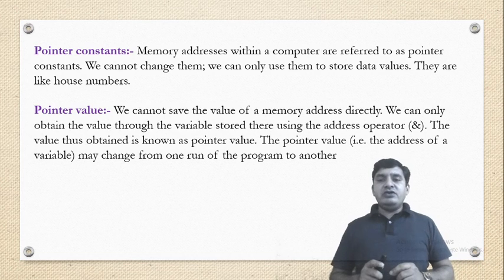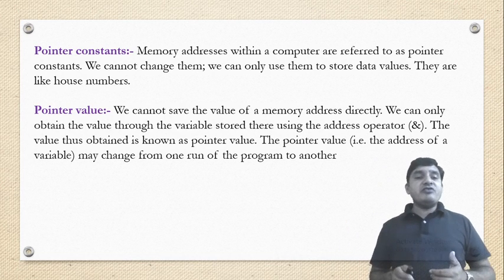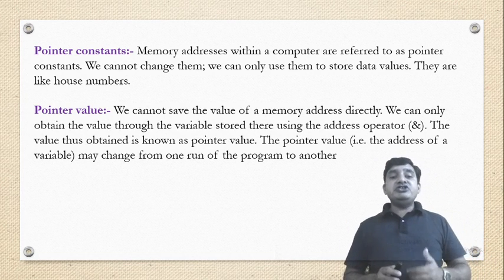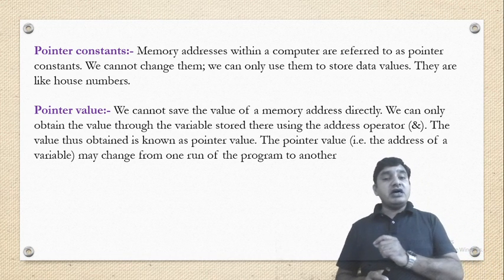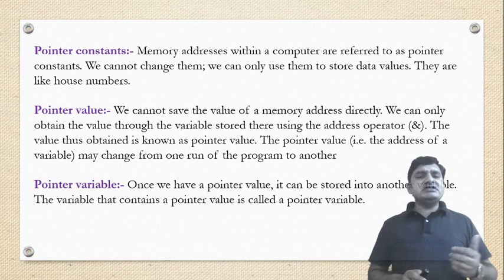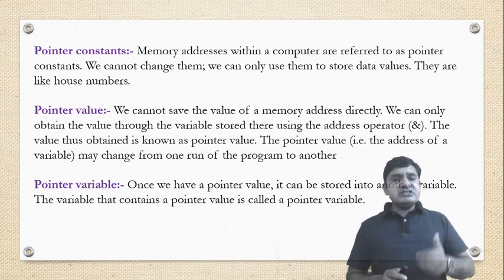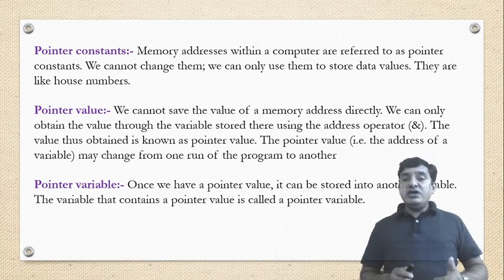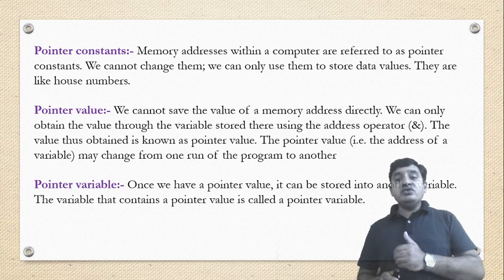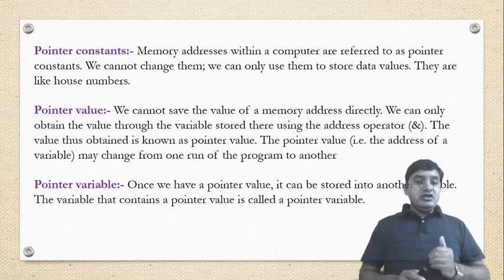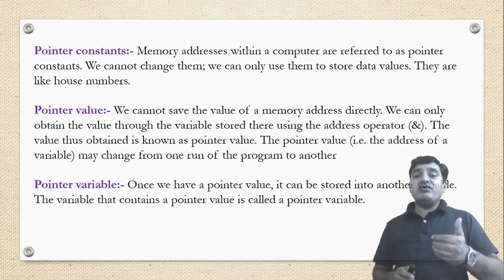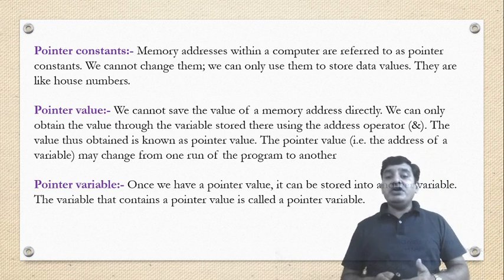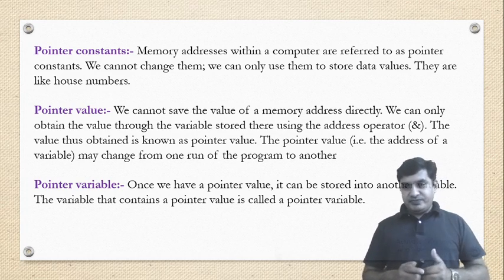The pointer value, that is the address of a variable, may change from one run of a program to another. Then what is a pointer variable? Once we have a pointer value, it can be stored in another variable. The variable that contains a pointer value is called a pointer variable.